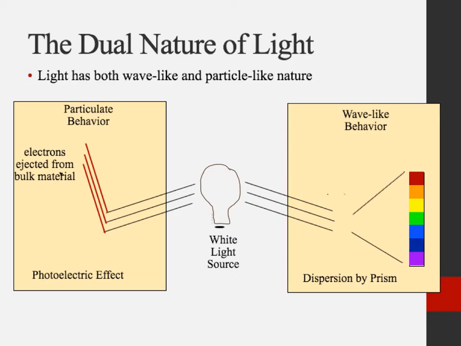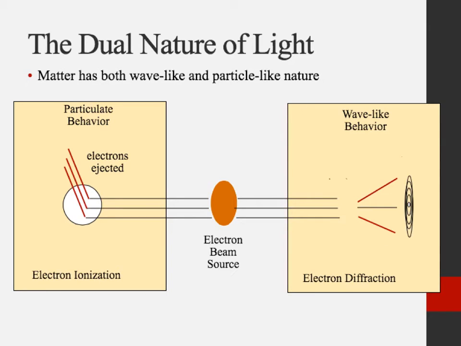And then that same light, when passed through a prism, causes the light to be dispersed, which is our wave-like behavior. Here's just another picture of that. The difference between particulate, the electrons being ejected from the material, and wave-like, it being diffracted. And that's again through a prism.